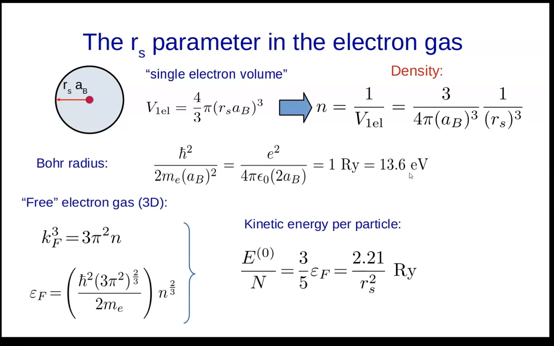And if you remember our classes on the electron gas, and I'll try to put the link here, there we calculated the Fermi energy of the three-dimensional electron gas as a function of the density. And we have the Fermi wave vector related to the density as such, right? k_F cubed is 3 pi squared times the density.